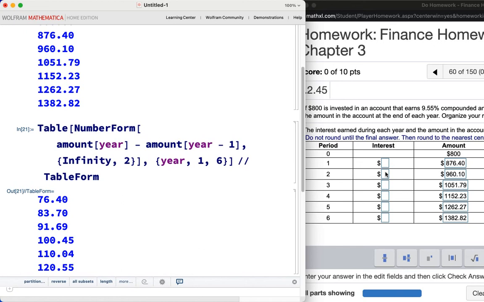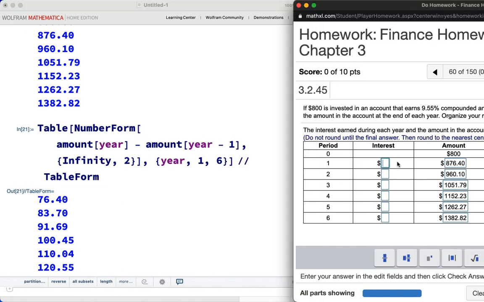So there's no interest during period 0. And here we have $76.40, $83.70, $91.69, $100.45, $110.04, $120.55.